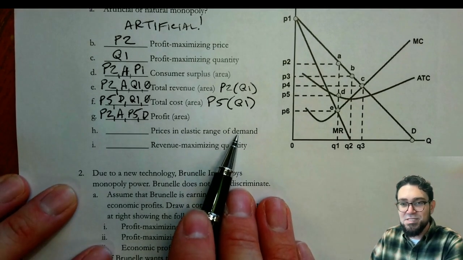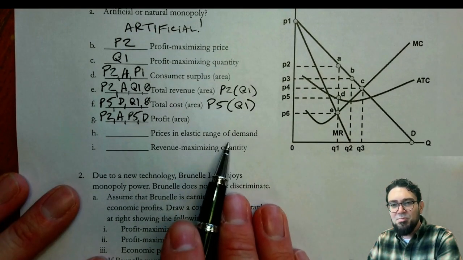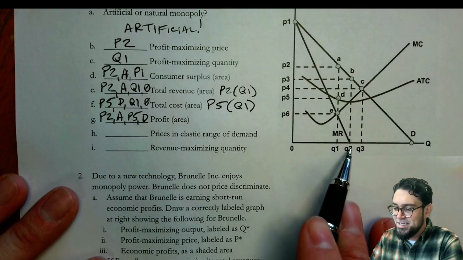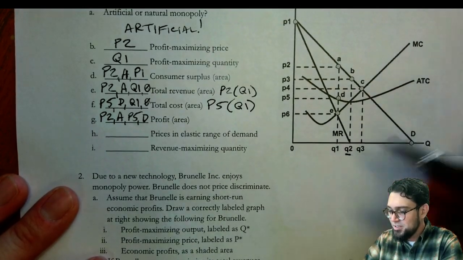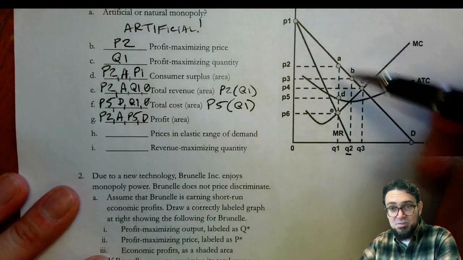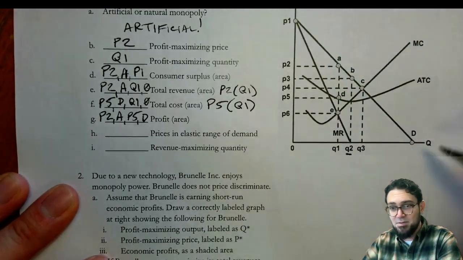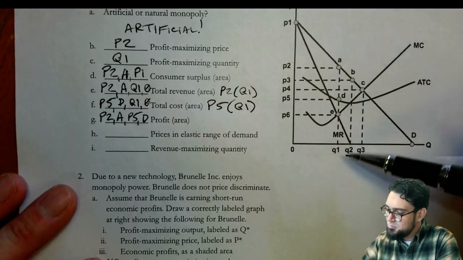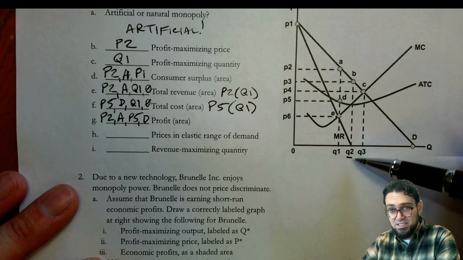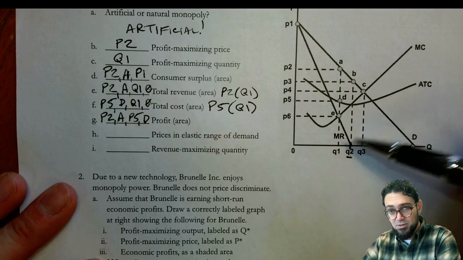Now here's where it's getting interesting, right? Remember way back in Unit 2, we learned about elasticity of demand. We actually talked about how the first part of the demand curve is elastic, and the bottom part's inelastic, and then there's a point where it crosses over. That point, the midpoint of the demand curve, is actually where MR hits 0.